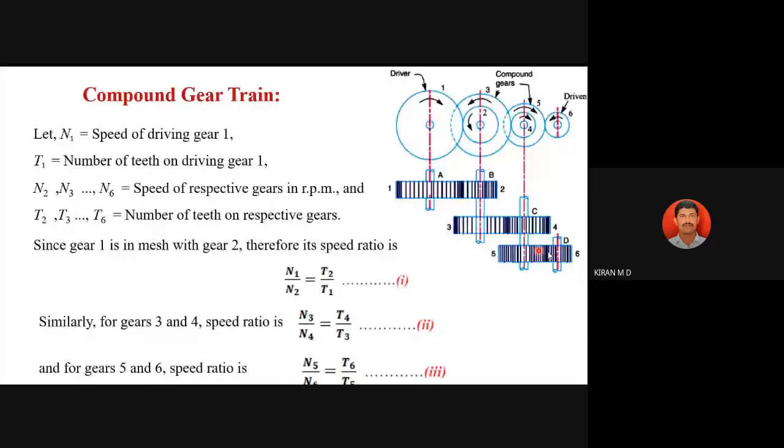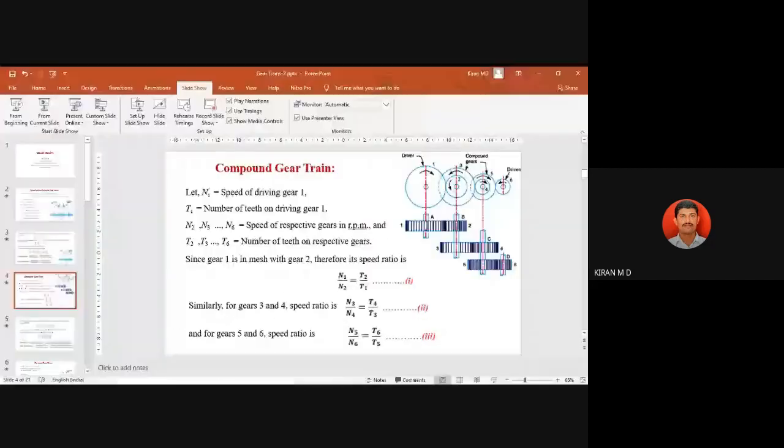We got N3 by N4 is equal to T4 by T3. Velocity ratio of 5 and 6: N5 by N6 is equal to T6 by T5.